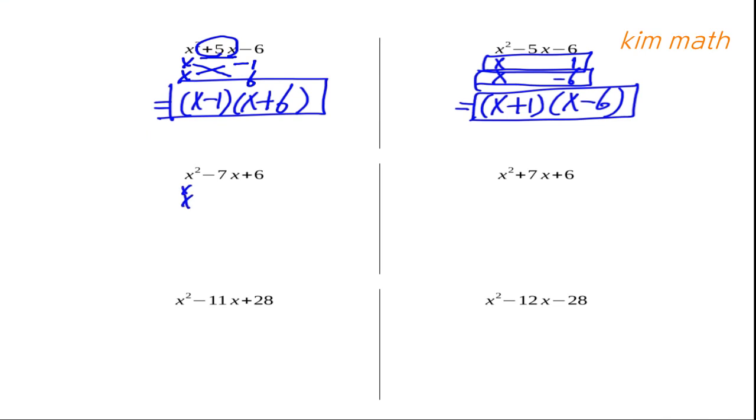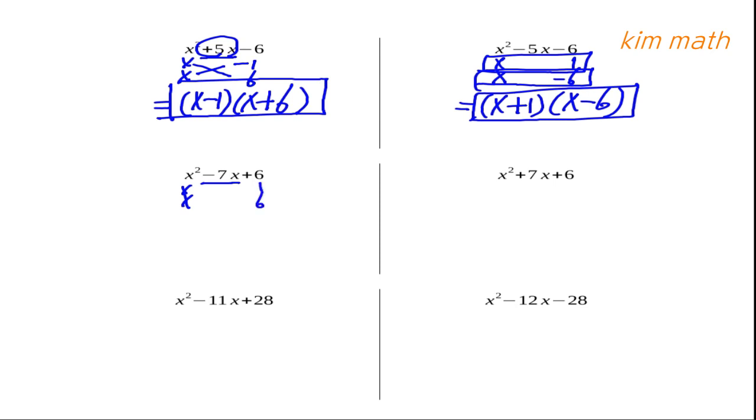I will show you the wrong one first to show you why this does not work. If you decide 2 and 3, yes, definitely 2 times 3 is 6. But with 2x and 3x, please note that it is not possible to make a negative 7x, right? So 2 and 3 is not a good choice. So I will choose 1 and 6.